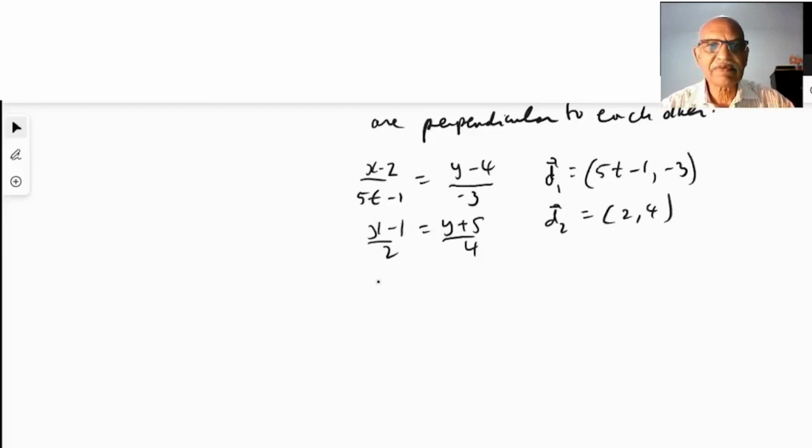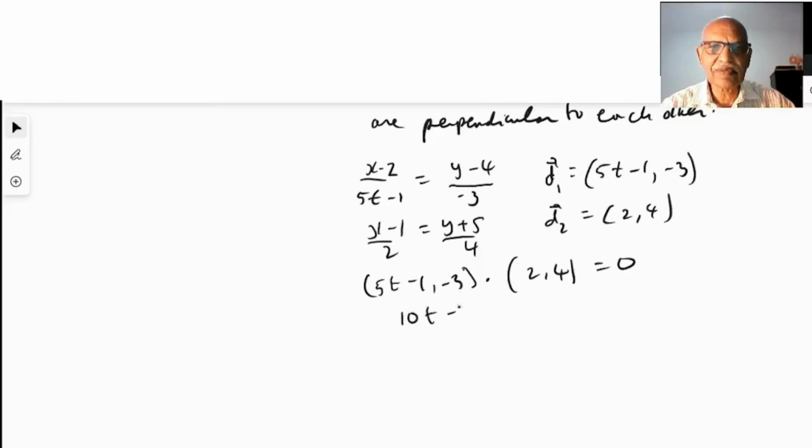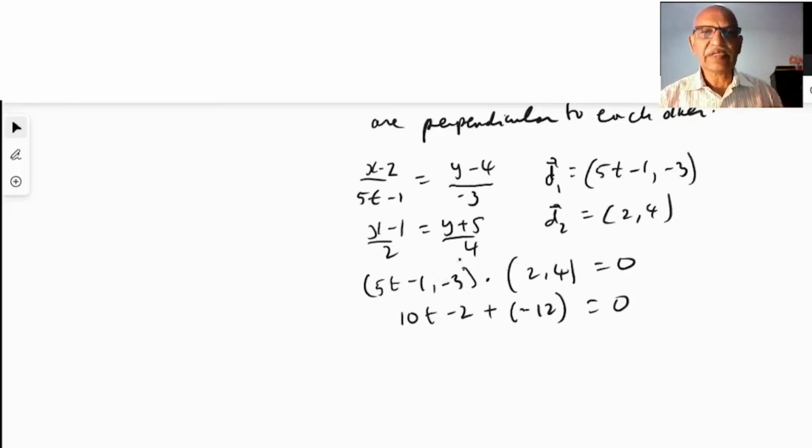Therefore, (5t minus 1, negative 3) dot (2, 4) equals 0. Using the dot product, I multiply: 10t minus 2, plus negative 3 times 4, which is negative 12, equal to 0.